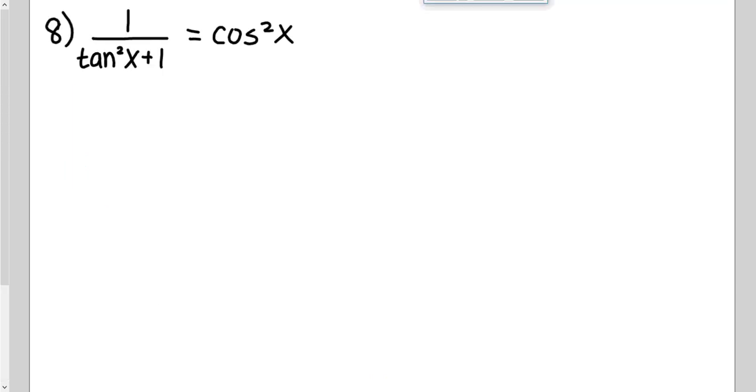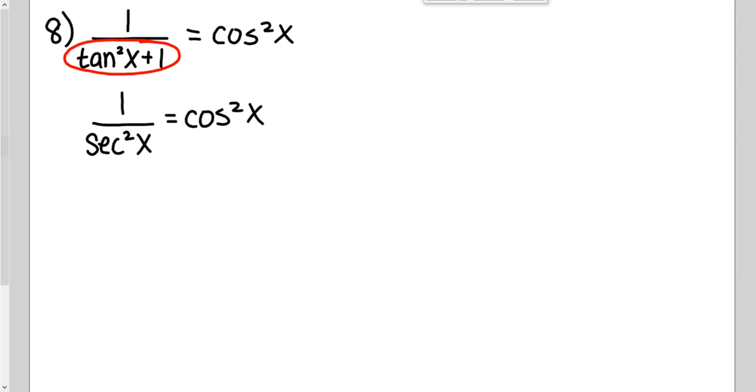Last one. So I'm actually going to show 2 different ways of doing this. One is going to be a very, very quick way that really is going to encourage you to know your Pythagorean identities. The other one is going to be a longer way that you would have to do if you didn't know your Pythagorean identities. So if I knew my Pythagorean identities, I would see, hey, tan squared x plus 1, according to my Pythagorean identity, that is equal to secant squared x.